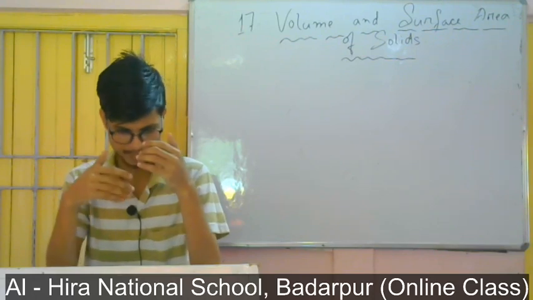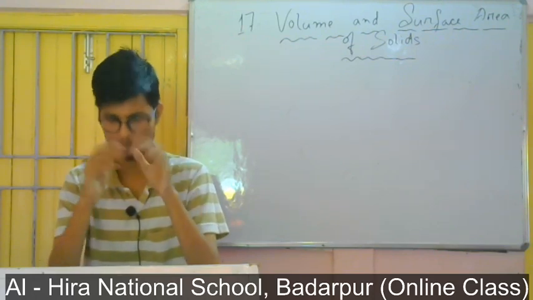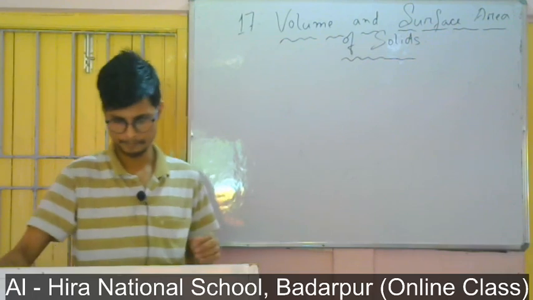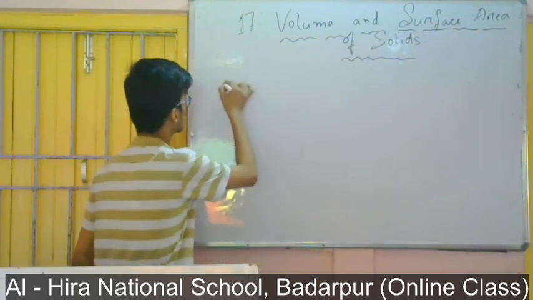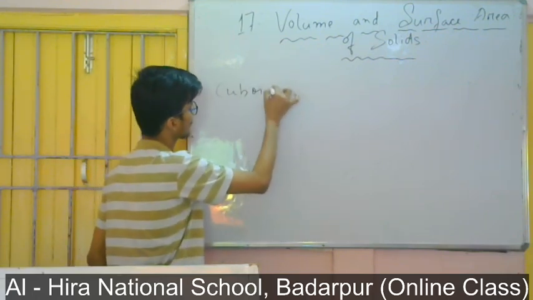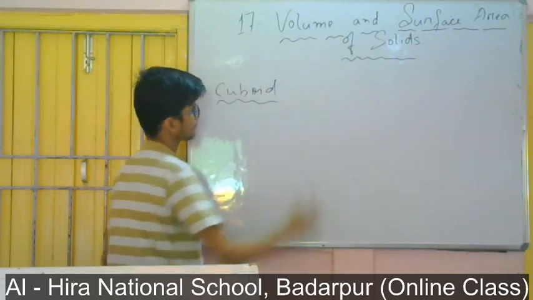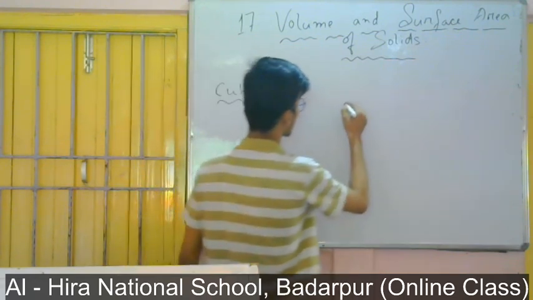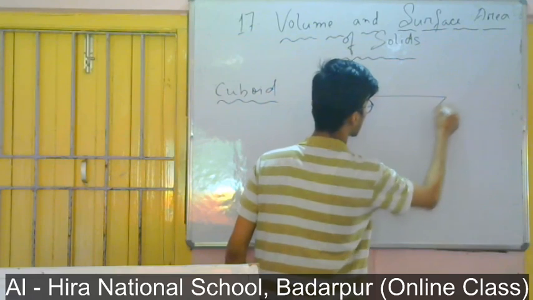Here it is given cuboid and cube, so we will discuss cuboid and cube. First one, cuboid. A cuboid is like this.